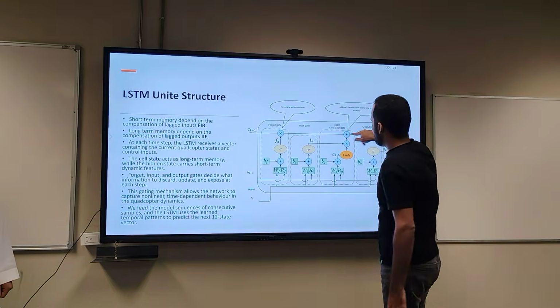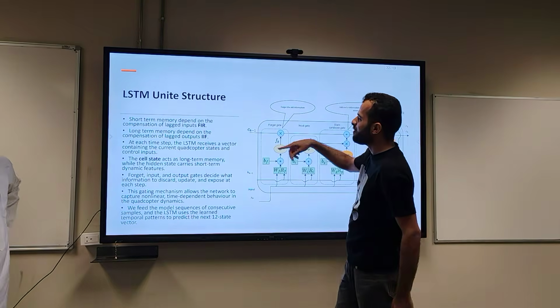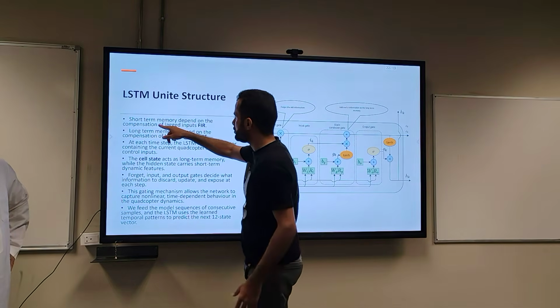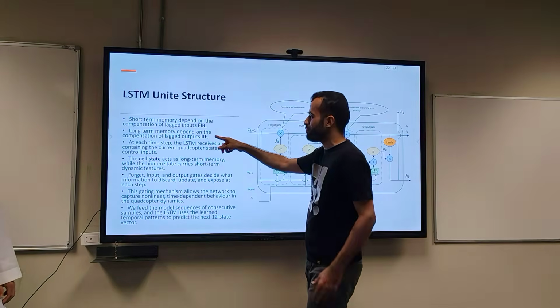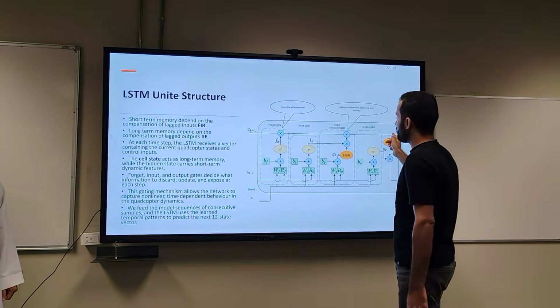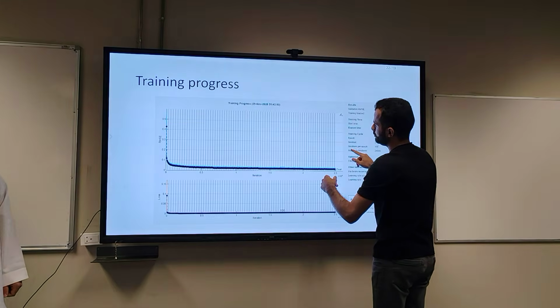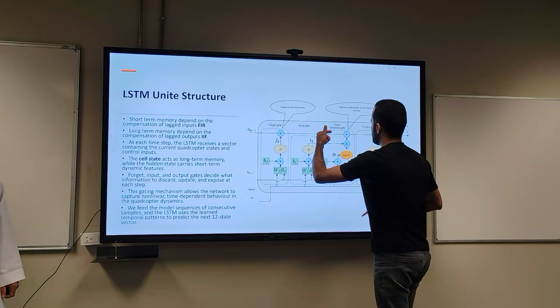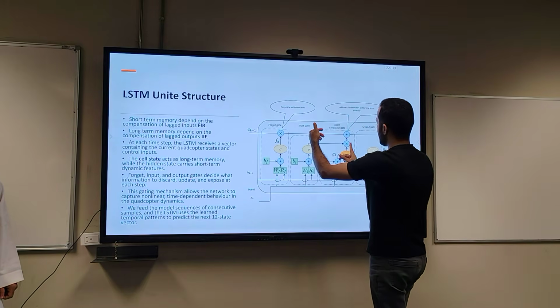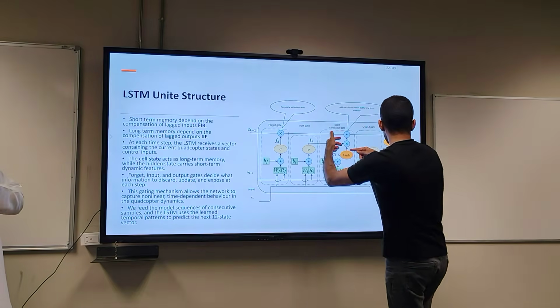The upper bar is called the cell state. The cell state works as an infinite impulse response, which is the long-term memory. It depends on the previous output and some activation and information coming from the current input.